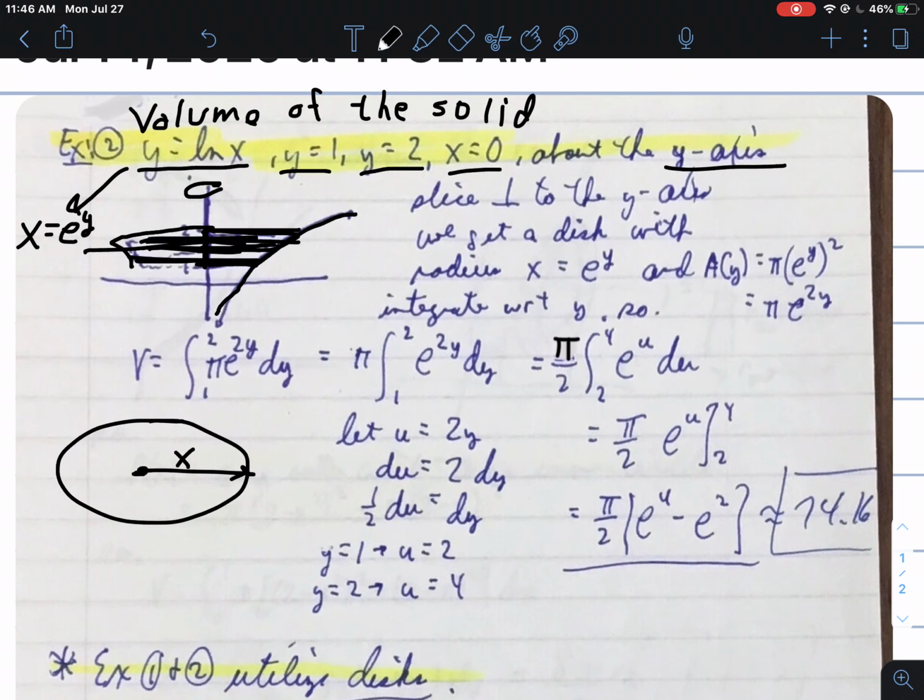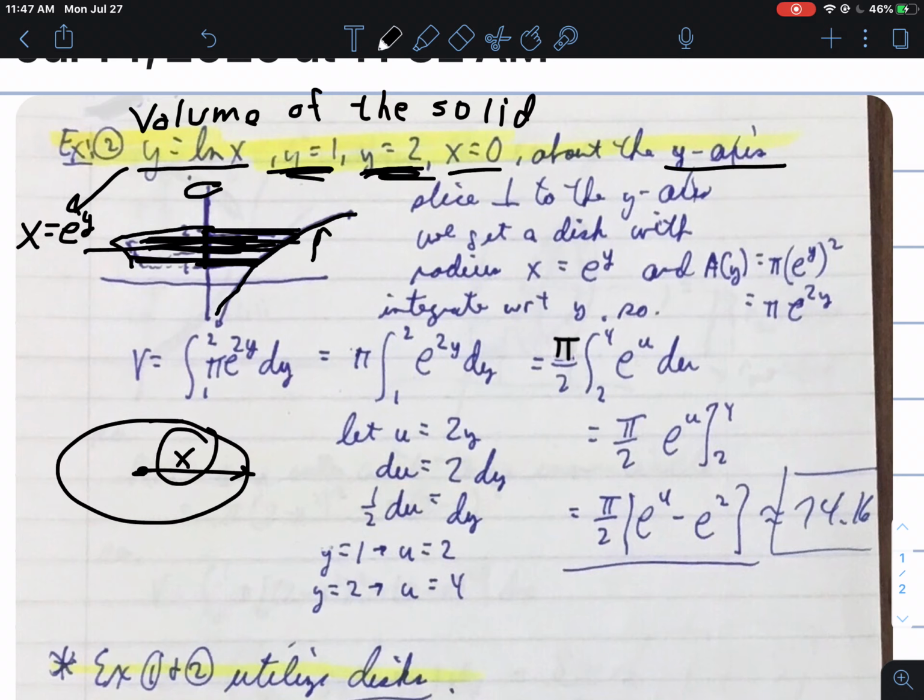So in other words, when we integrate, we're integrating vertically from y equals 1 to y equals 2. Those are the boundaries, those horizontal lines that we're given. So what does that tell me about my radius then? If I'm going to integrate vertically with respect to y, then I need the radius in terms of y.